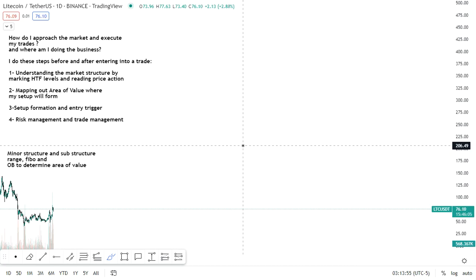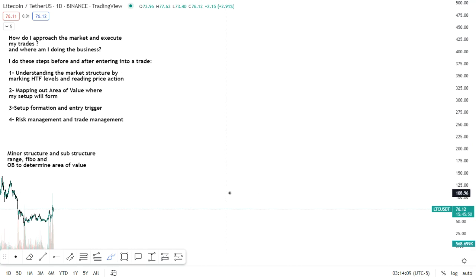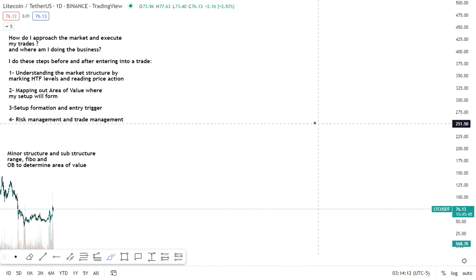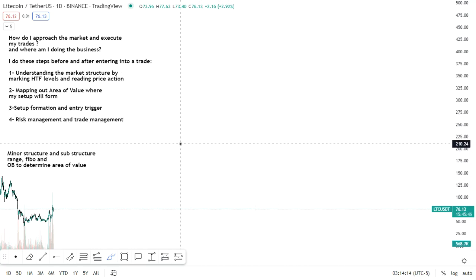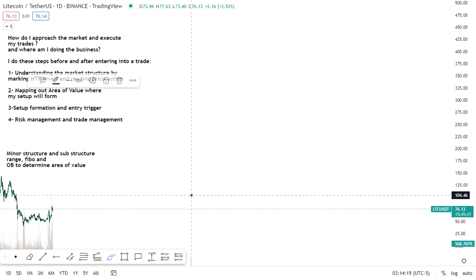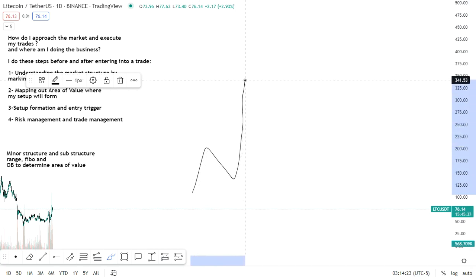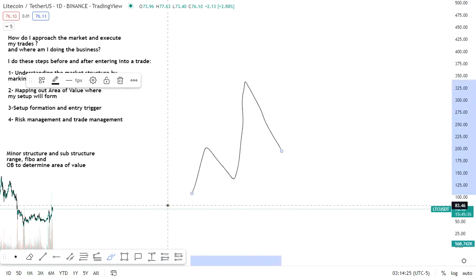But the other thing you must consider in the fourth step is trade management, that many might not do, and it's a very important and essential part of the trade. Like you enter into a trade, you have a target and a stop, but what goes between your target and a stop is called trade management. We are in an uptrend, we make a high, we make a higher low, we make a higher high, price does a correction.